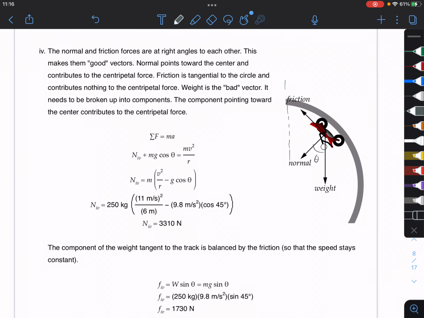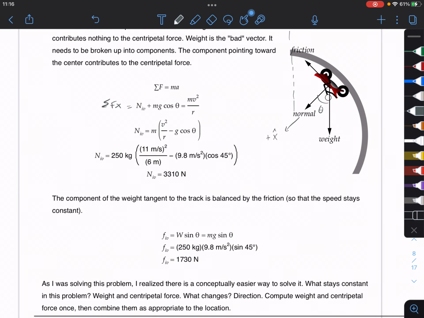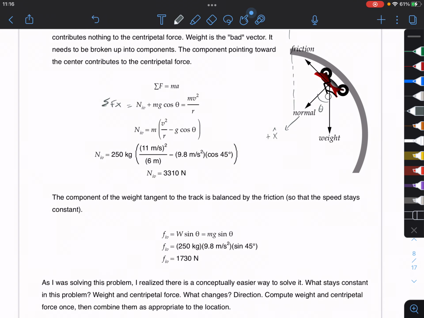Okay. So we're setting up this equation here. The sum of forces in the x direction is going to be equal to... we're just setting positive x pointing in. And then for the y direction, we're going to set that equal to the frictional force here, right?